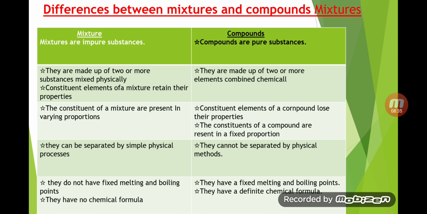Nothing. But a compound has a specific formula. It has a definite chemical formula. Suppose I am talking about the water molecule, the water compound. It has the formula H2O. That is a compound. Now I am going to give some examples of compounds.